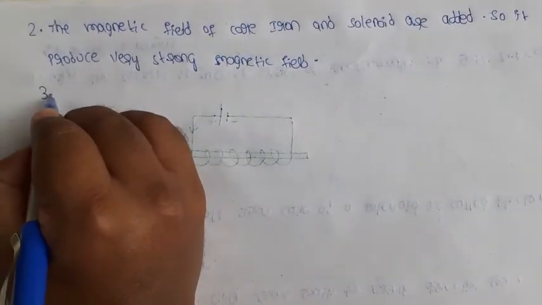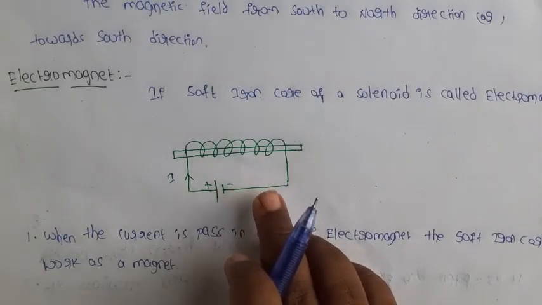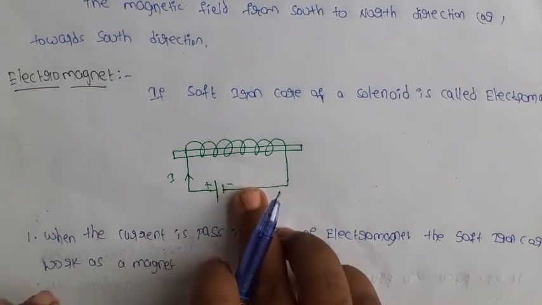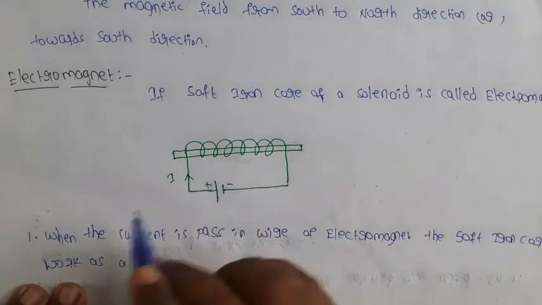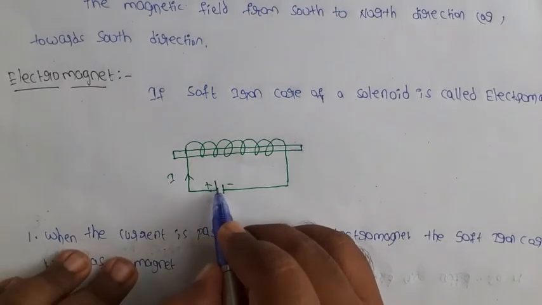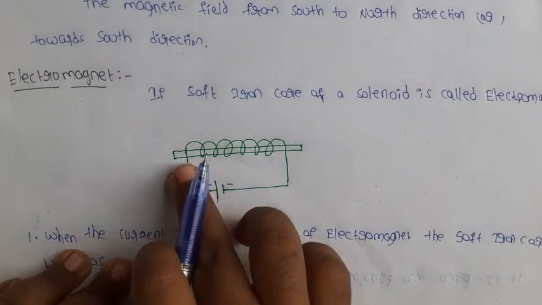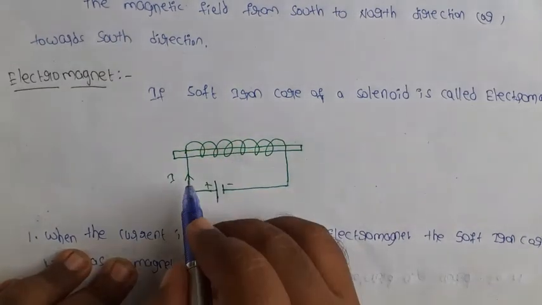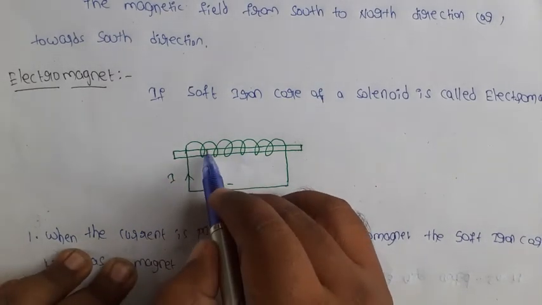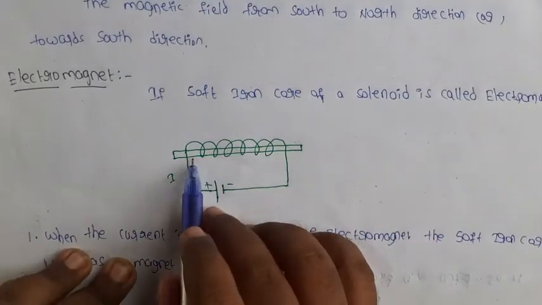Next point, the magnetic field produced in electromagnet depends on current flowing in the electromagnet. For example, from the battery you are supplying current to the solenoid. If current increases, production of magnetic field increases.